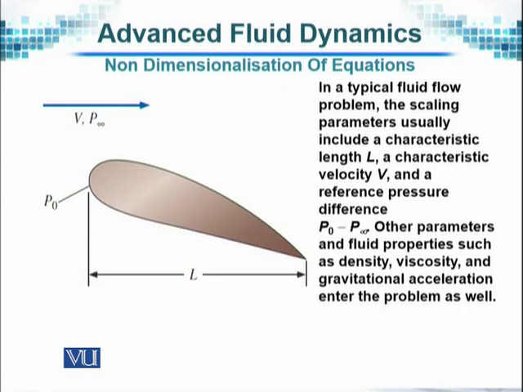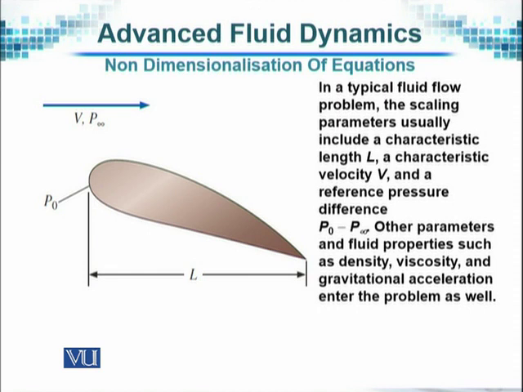In a typical fluid flow problem, the scaling parameters usually include a characteristic length L, a characteristic velocity V, and a reference pressure P naught minus P infinity. So this is a typical pressure term. They will have the same terminology, and these are the most common parameters that we come across in a fluid flow.